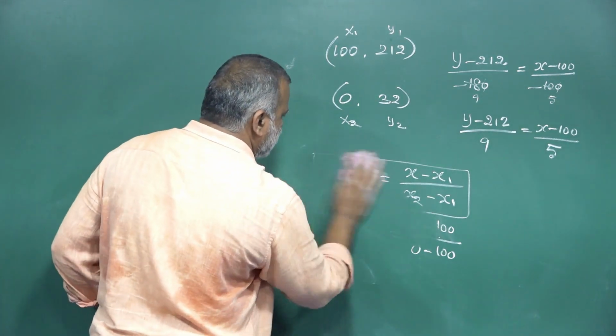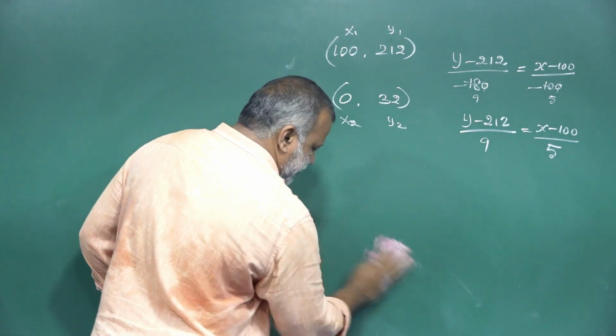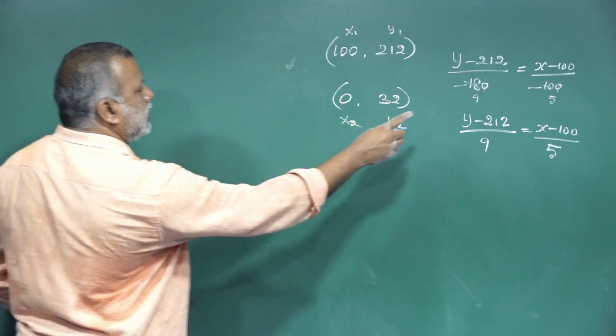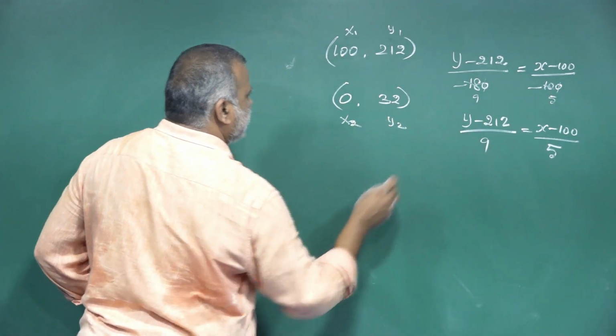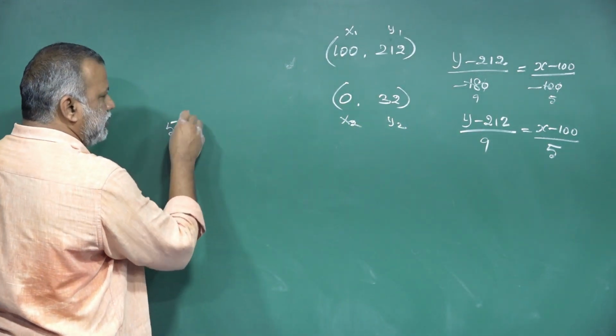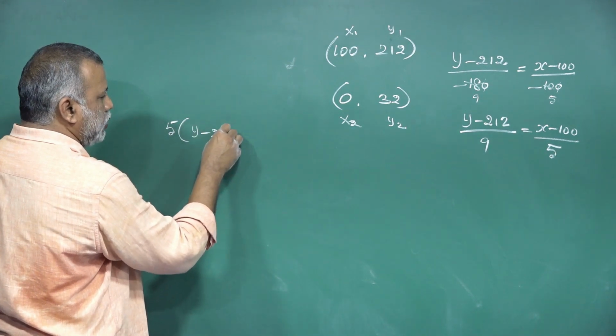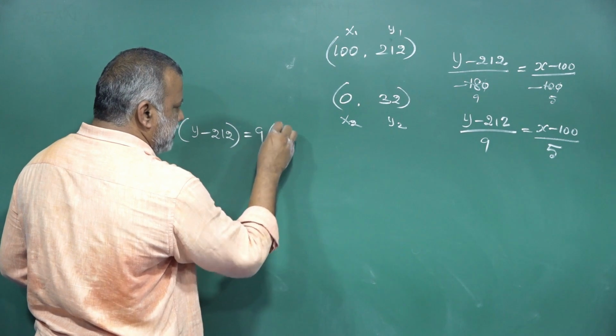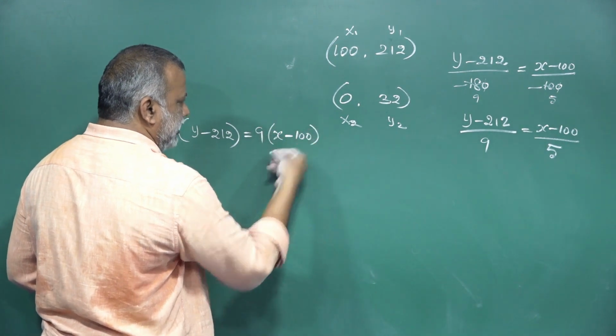Now we are able to simplify the given data. Now listen. y minus 212, I want to cross multiply this one. 5 times (y minus 212) is equal to 9 times (x minus 100).